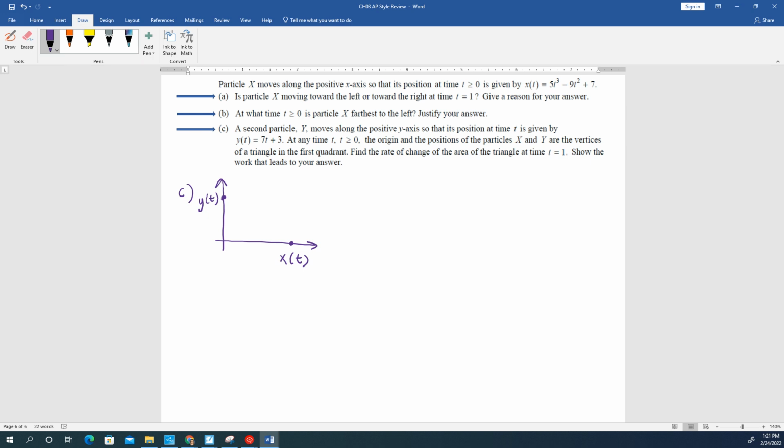Okay, let's just sketch this out. So they're saying the origin and these positions would form a triangle. Find the rate of change of the area of the triangle at time t equals 1. So when I see that rate of change, I'm thinking derivative.